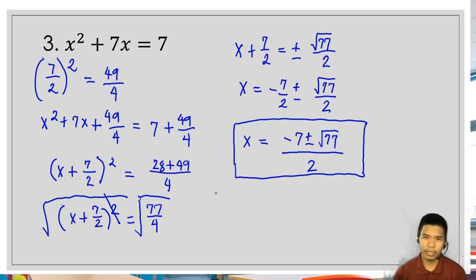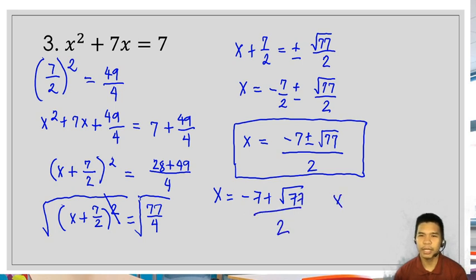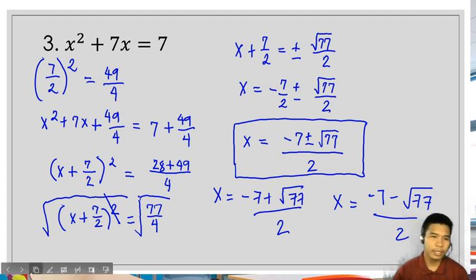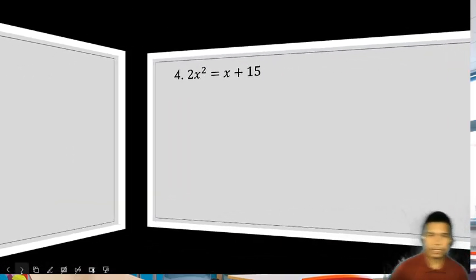Yung sinabi ko kanina, yung first value ng x natin, negative 7 plus square root of 77 over 2. Tapos yung pangalawa, gagamit naman yung minus equal to negative 7 minus square root of 77 over 2. So, any of these two. Pwede namang ito na lang, yung nauna. Okay? Let's have the next example.